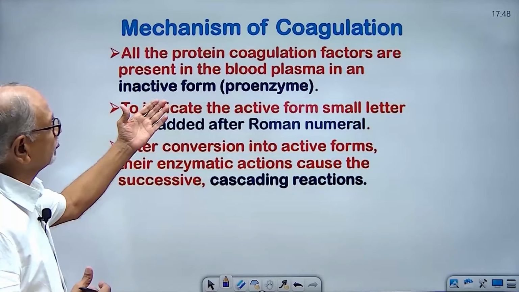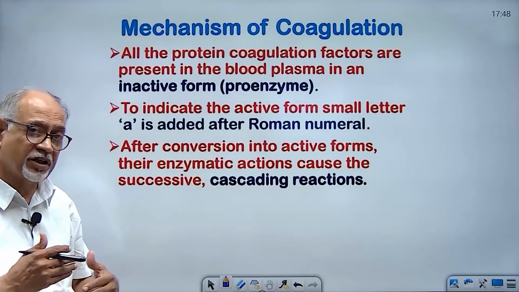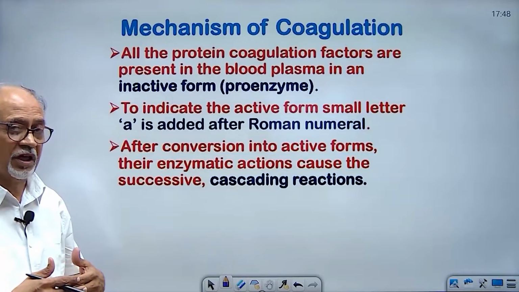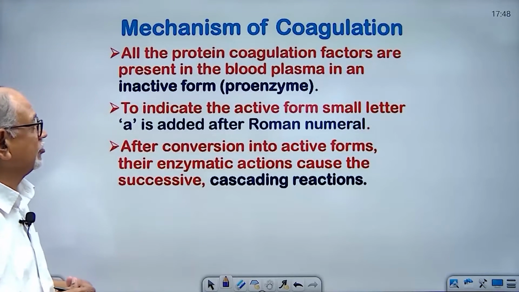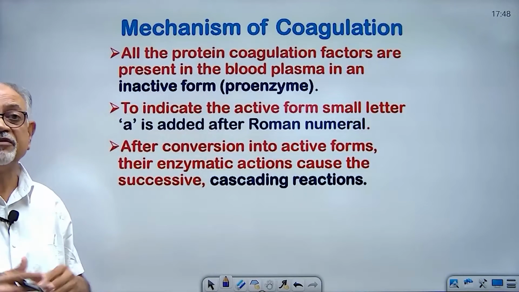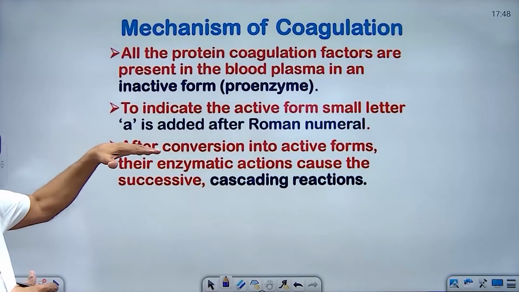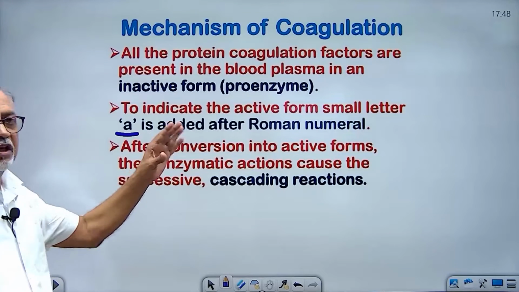So, they are present in the form of proenzymes, then they are converted into active form and work as active enzymes. To indicate the active form of a factor, the letter a is added to the Roman numeral.